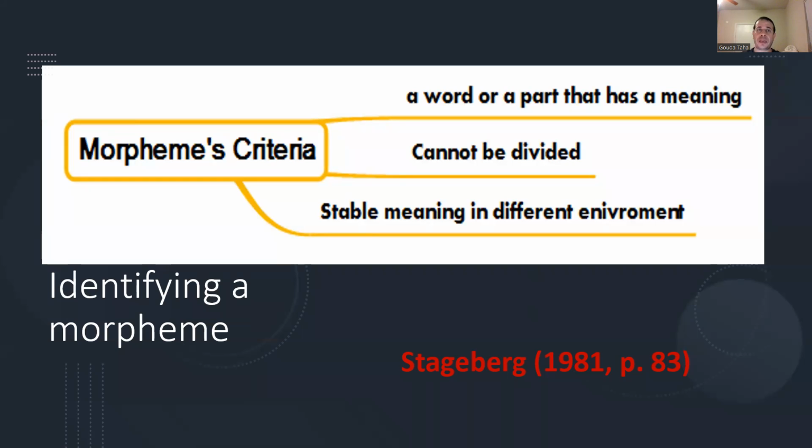Second, this part of the word cannot be divided, as we said in the definition; this is the minimal part, the smallest shape we can have. And lastly, this smallest number of sounds together has the same meaning in different verbal contexts.